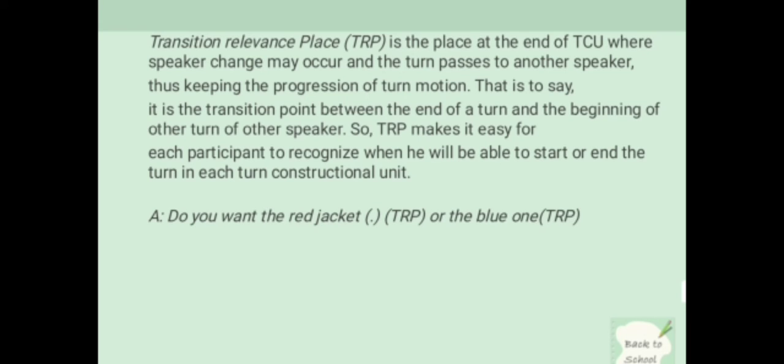So TRP makes it easy for each participant to recognize when they will be able to start or end a turn. For example, do you want the red jacket or the blue one? This example shows that the speaker completes two TRPs in the turn. After the speaker finishes the first TRP, no participant takes the turn, so the speaker continues speaking.